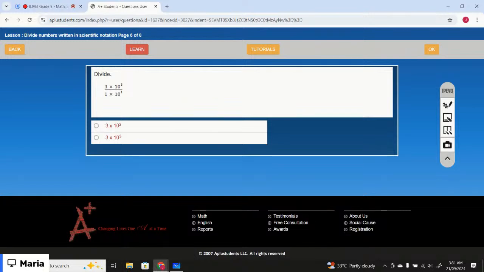The next one is 3 times 10 exponent 3 divided by 1 times 10 exponent 1. So which is the correct option?